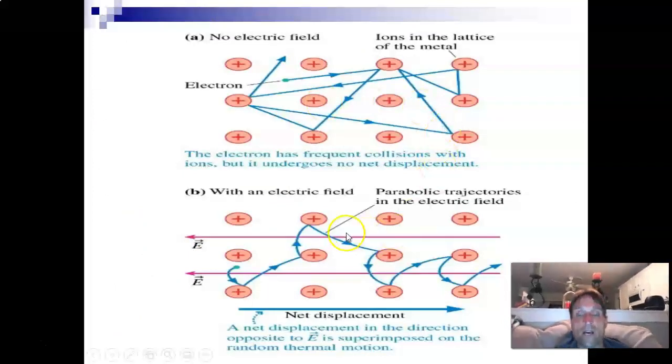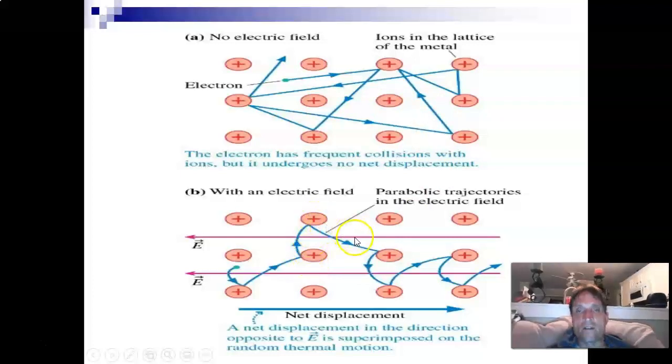Remember, if you have an electric field and you have these electrons and they're smacking into the positive ions that are stationary, then they go smack into another. And if you apply a net electric field, like a voltage across the wire, then in addition to smacking into these ions, they also tend to have a net drift, in this case from left to right.